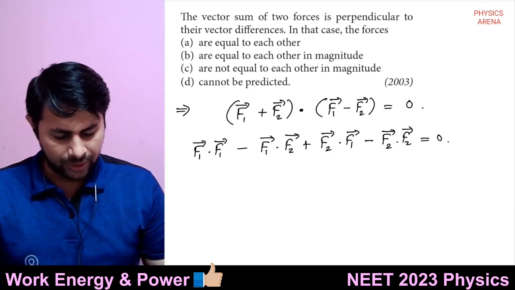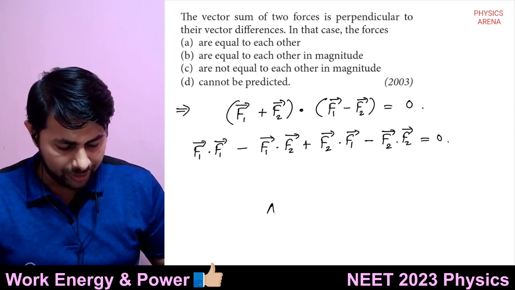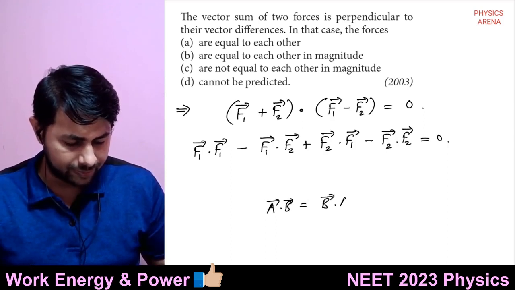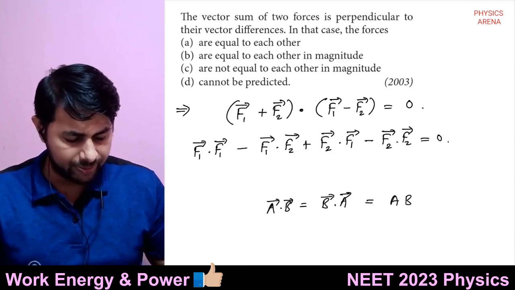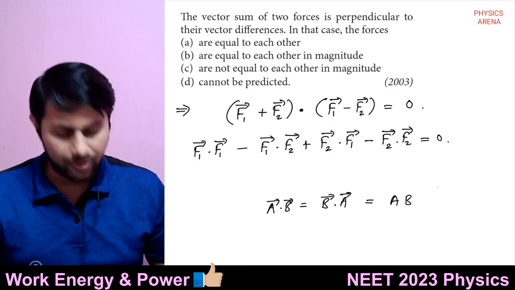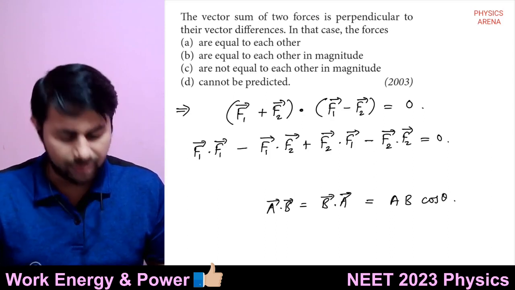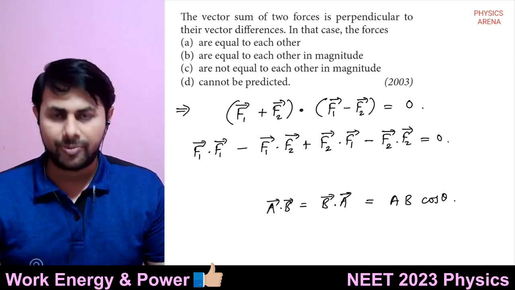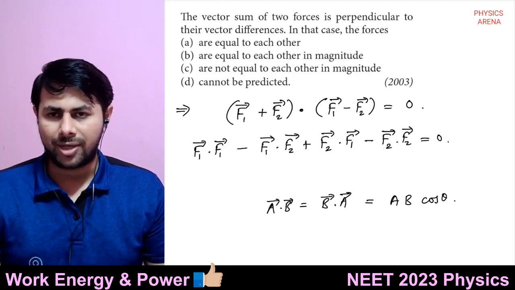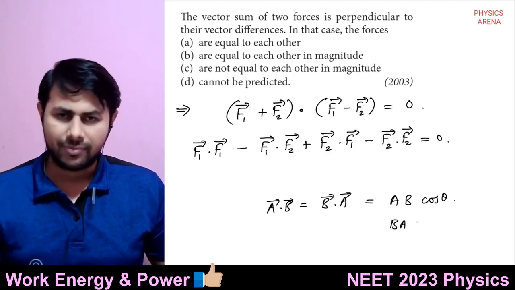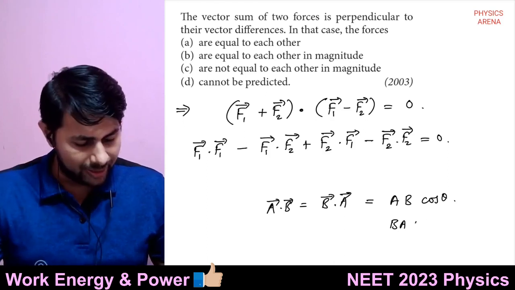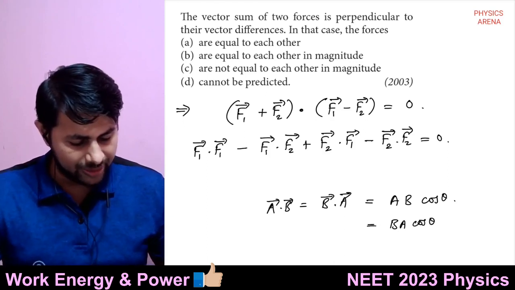Now see, a bar dot b bar is equal to b bar dot a bar. How? Because a bar dot b bar is the magnitude of a multiplied by the magnitude of b multiplied by cos of the angle between them. And b bar dot a bar is the magnitude of b multiplied by the magnitude of a multiplied by cos of the angle between them.